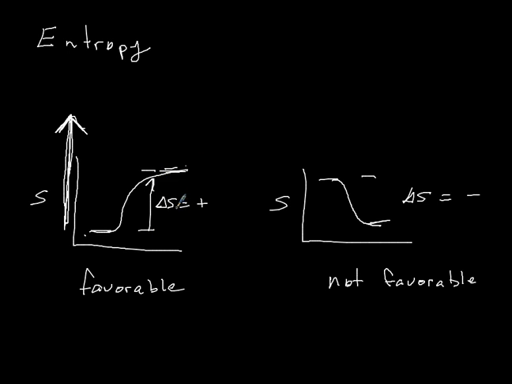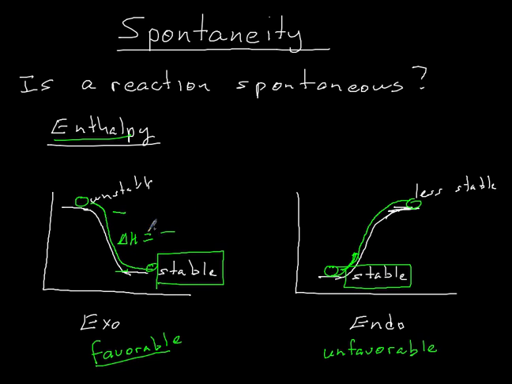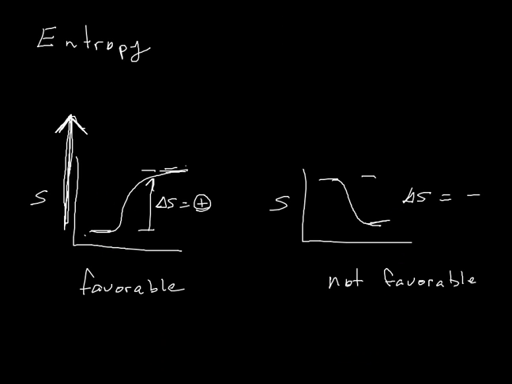And so we have this idea that increasing entropy is favorable, and back here that exothermic, or decreasing enthalpy, is favorable.